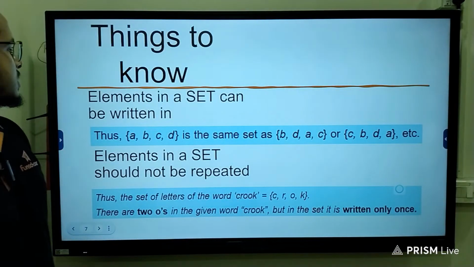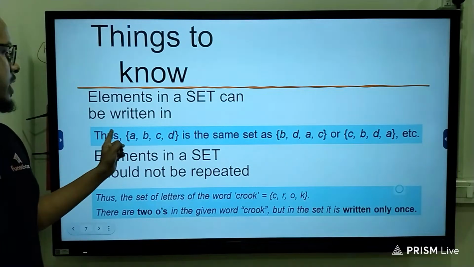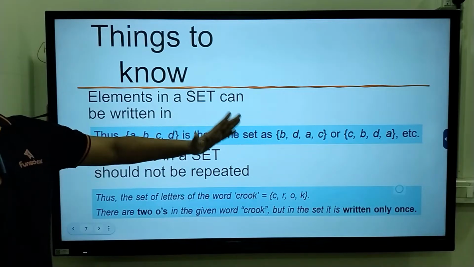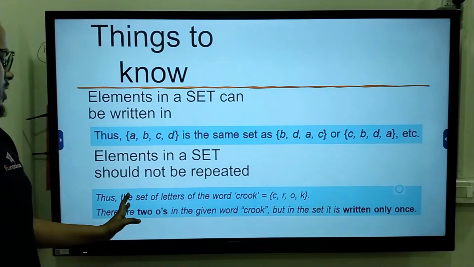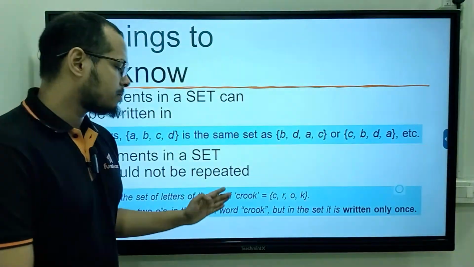Now, elements in a set can be written as, we have already done this, right? Second bracket A, B, C, D, second bracket 1, 2, 3, 4, second bracket pencil, pen, eraser, sharpener, whatever we want to write. But in a set, one element can be written only once.